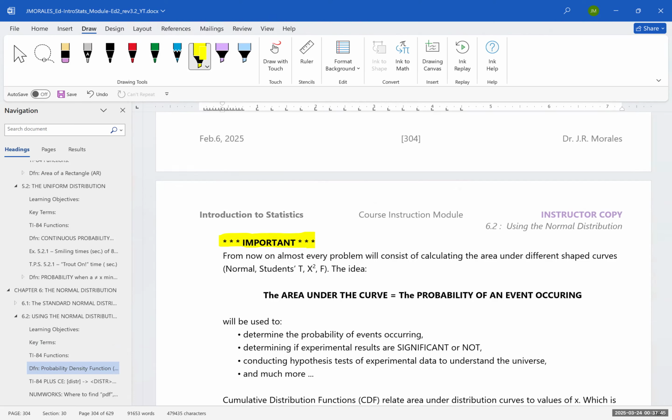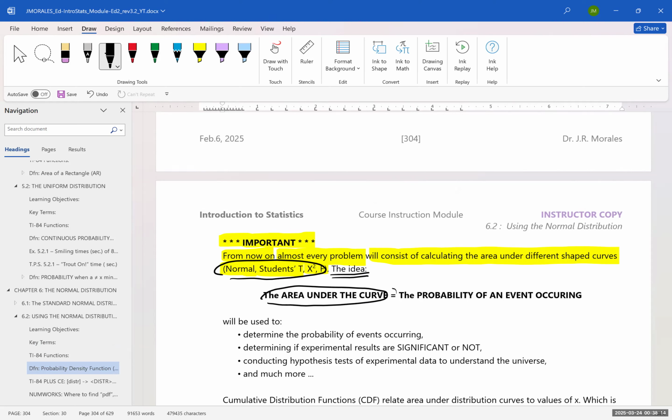Here's an important point. From now on, almost every problem will consist of calculating the area under different shaped curves. Normal distributions, student t distributions, chi-squared distributions, and f distributions. No matter what distribution, there's a common core idea that the area under the curve is equal to the probability of an event occurring.